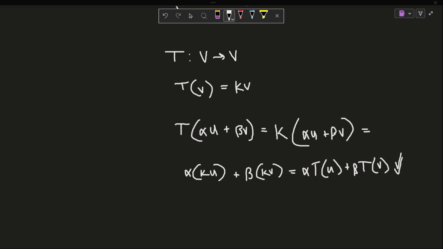And so, particularly when we have a scalar multiple of some vector, we're going to call that a dilation. So even in linear transformations, we're going to have more classifications, and this is going to be called a dilation.